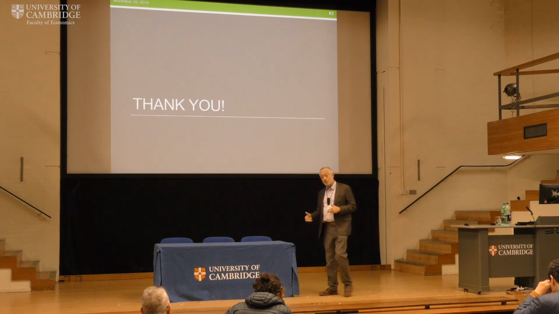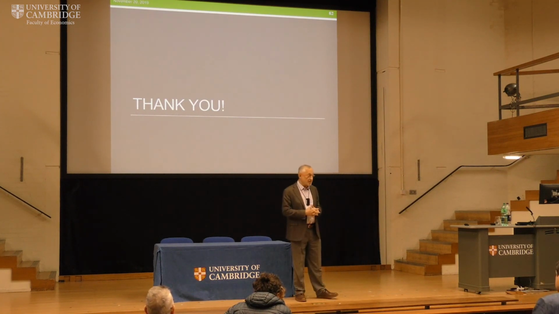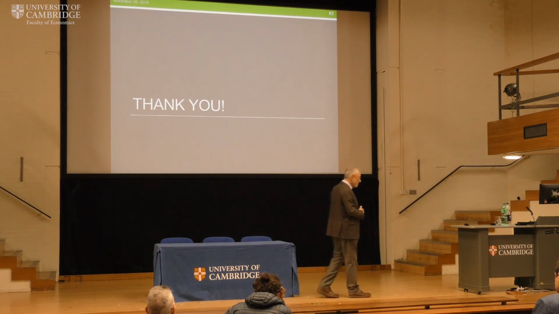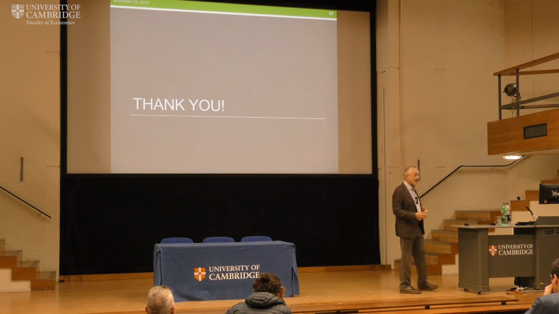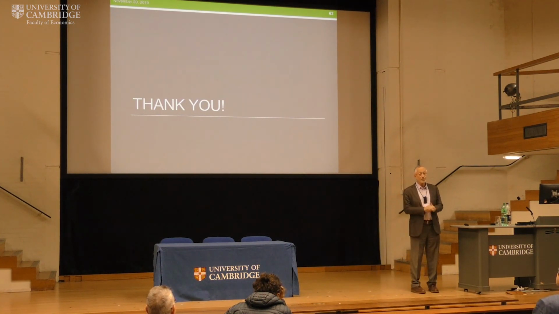Our algorithm was motivated by Marshall's ideas, but we discover that in modern market design, Marshall's ideas don't work quite as perfectly as they do for a single homogeneous product. And the simulations give you an idea of which aspects of the design were important and which were less important. And that's it. Thank you.